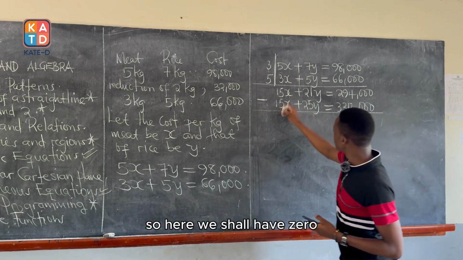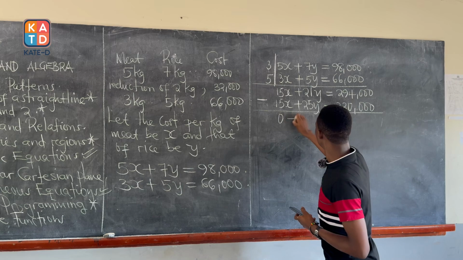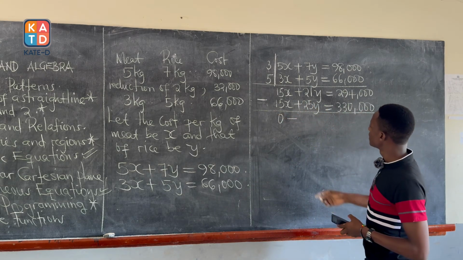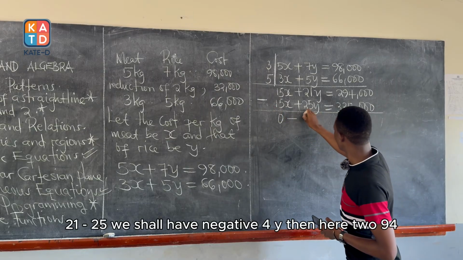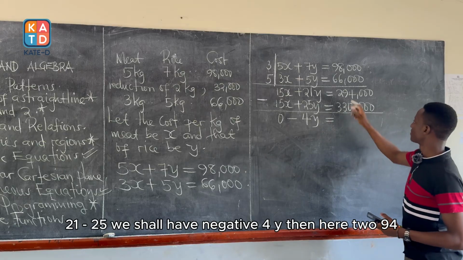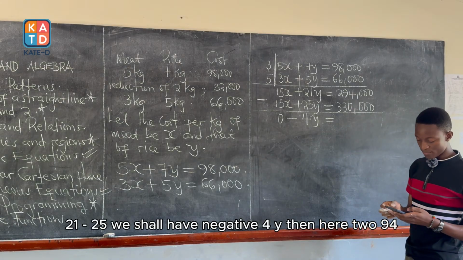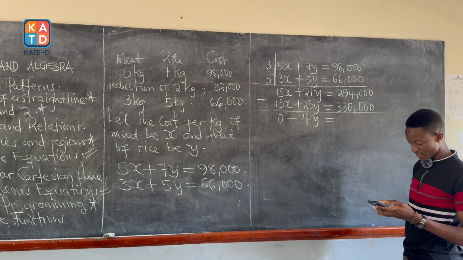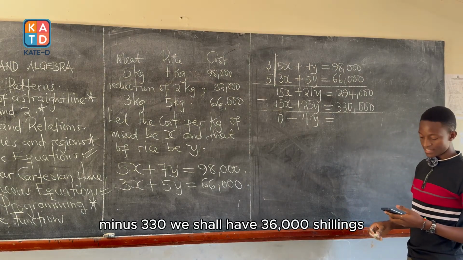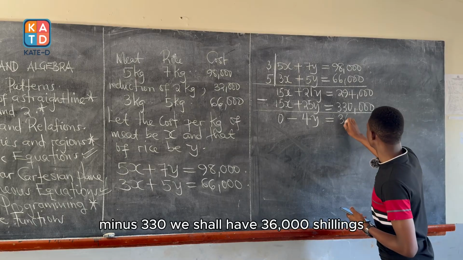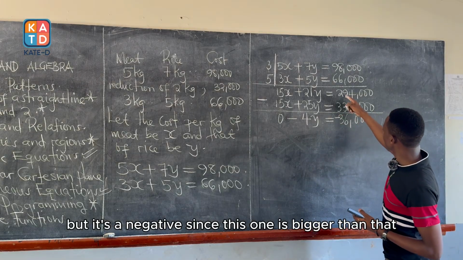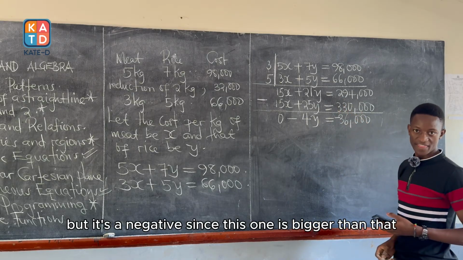So here we shall have 0, then we have 21 minus 25. 21 minus 25, we shall have negative 4y. Then here, 294 minus 330, we shall have 36,000 shillings. But it's a negative since this one is bigger than that.